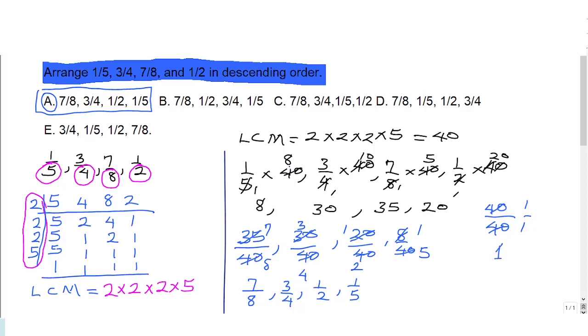And you should know that any fraction where the numerator is not up to the denominator is less than 1. So all these numbers are not up to 1. None of them is up to 1. Are you getting it now?